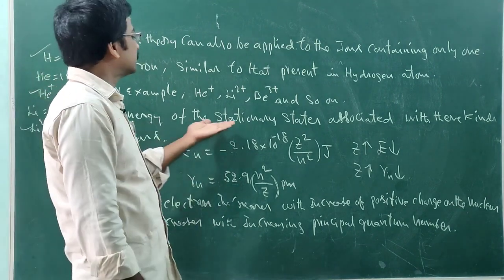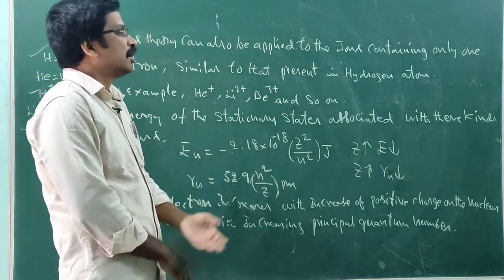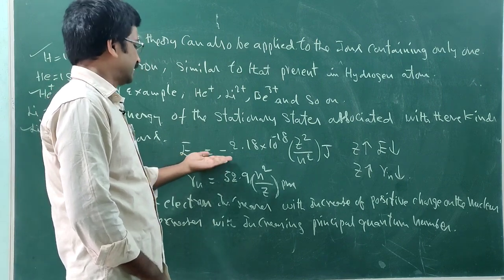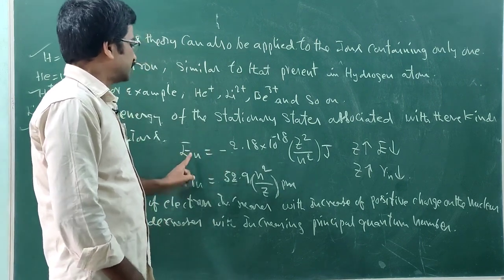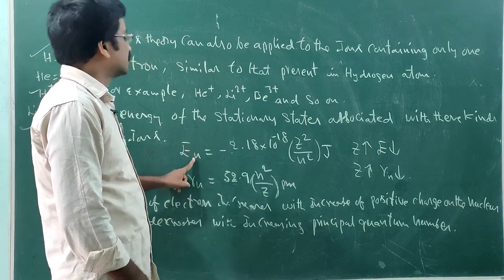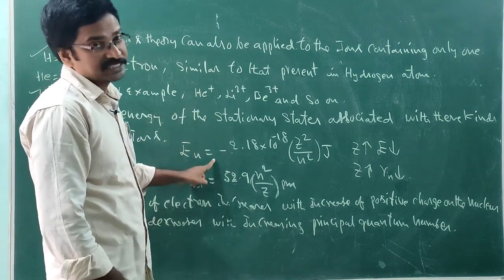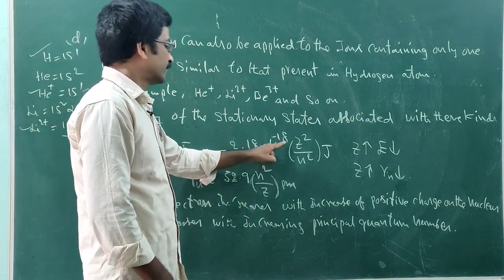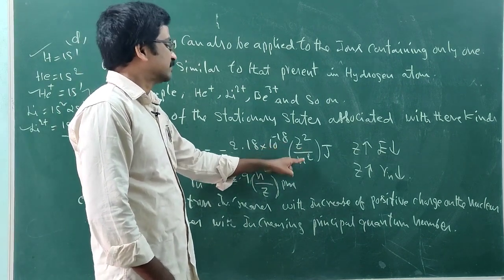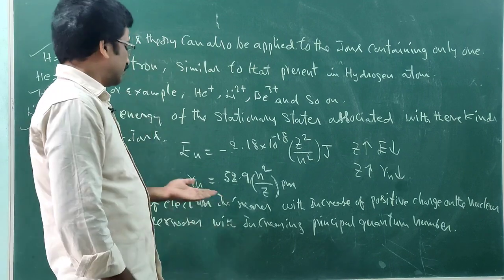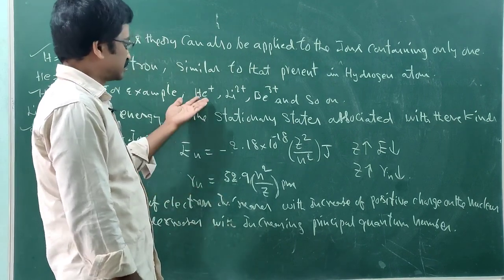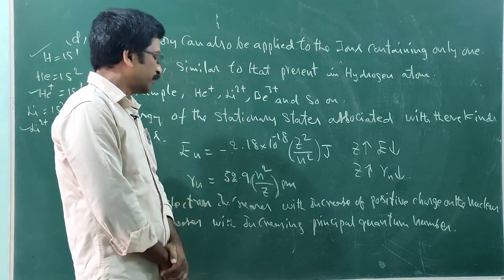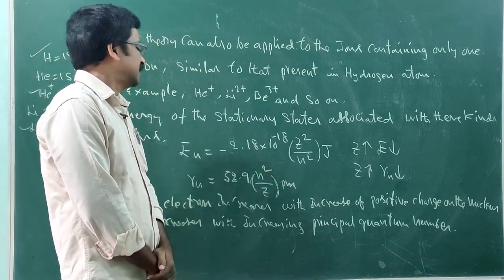Then the energy of the stationary states for these ions is written as minus 2.18 into 10 to the power of minus 18 Z square by n square joules. Similarly, the radius equation is Rn equal to 52.9 n square by Z pm.